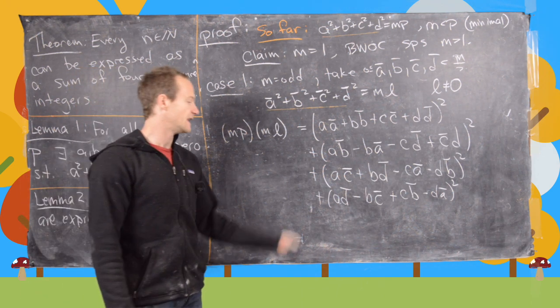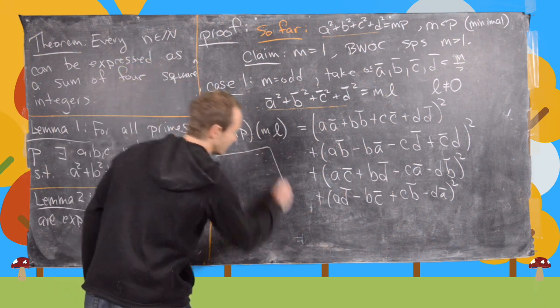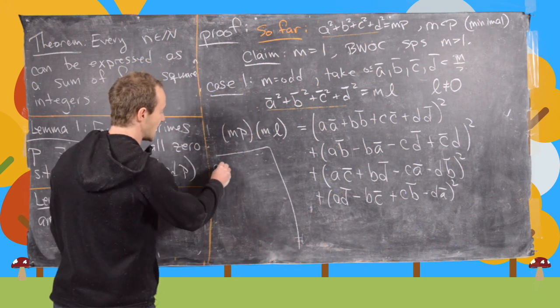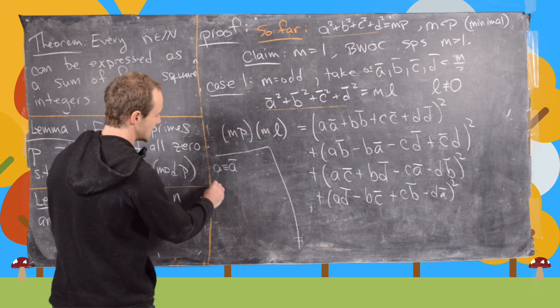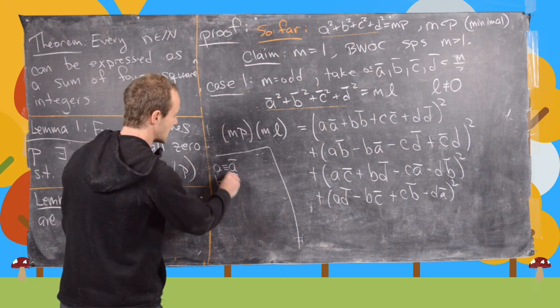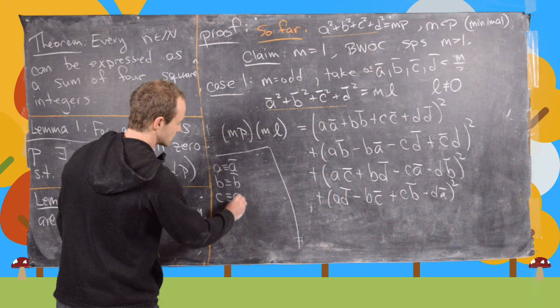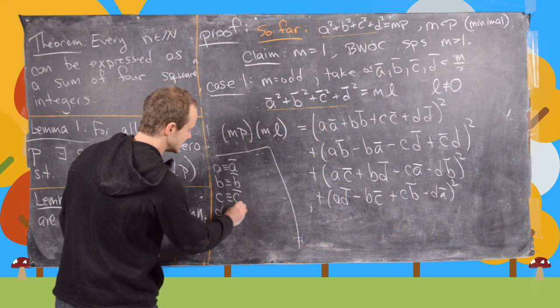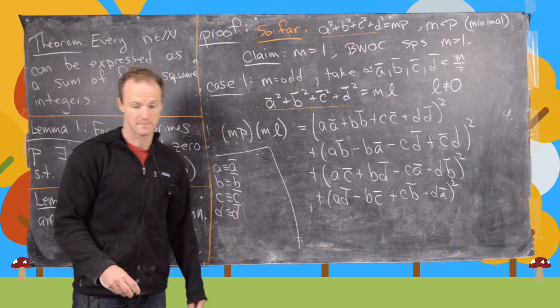And so now the next thing that we want to notice is, I'll fit this in here. Recall that a was congruent to a hat mod m, b is congruent to b hat mod m, c is congruent to c hat, and d is congruent to d hat, all mod m.